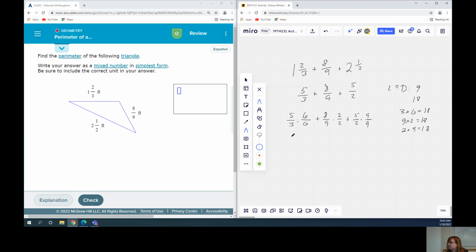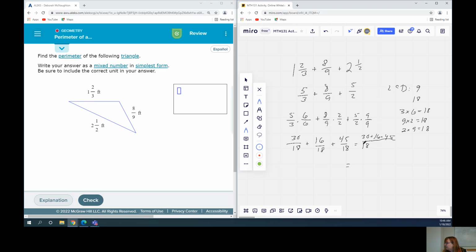5 times 6 is 30 over 3 times 6 is 18. 8 times 2 is 16 over 9 times 2 is 18. 5 times 9 is 45 over 2 times 9 is 18. And I'm going to keep that 18 in the denominator, and I need to add 30 plus 16 plus 45.